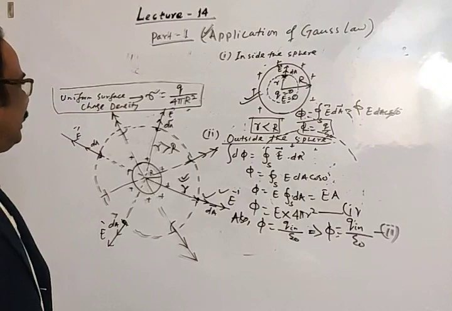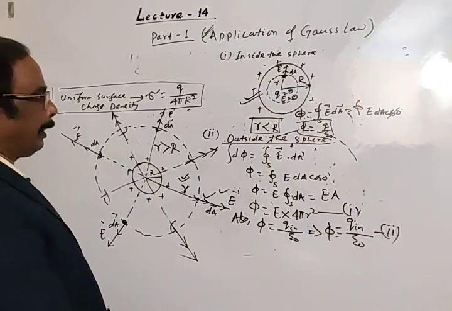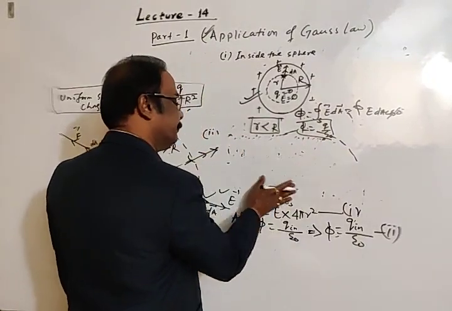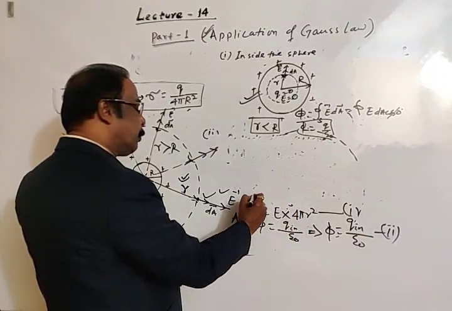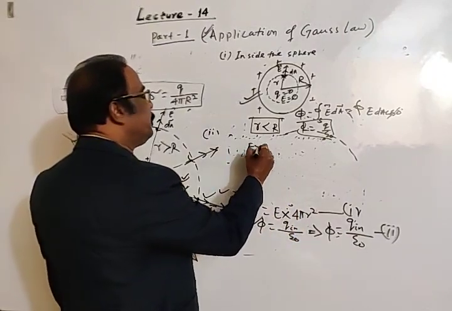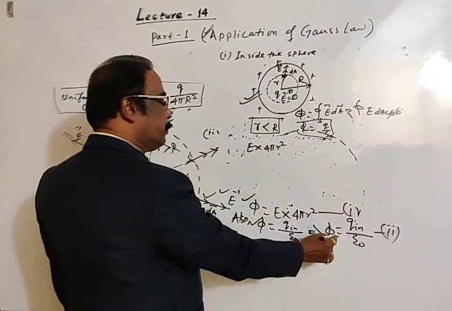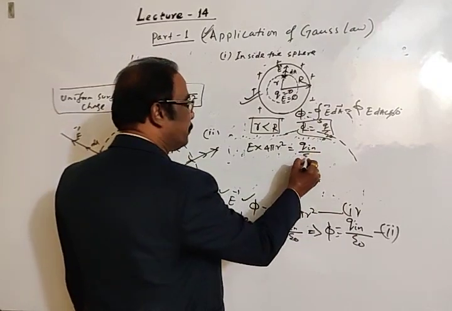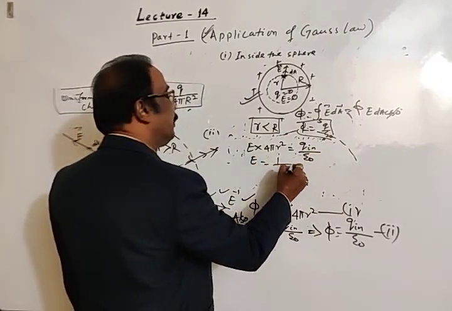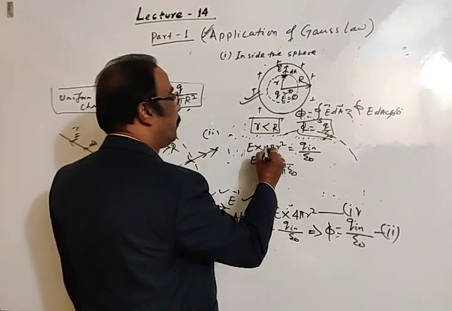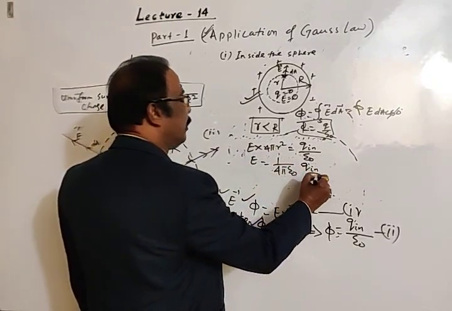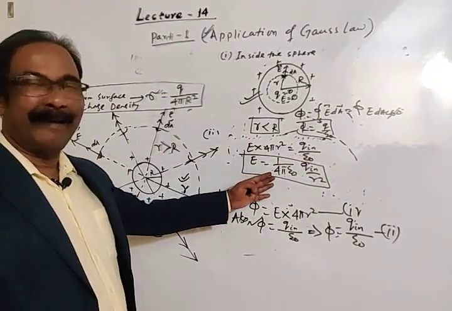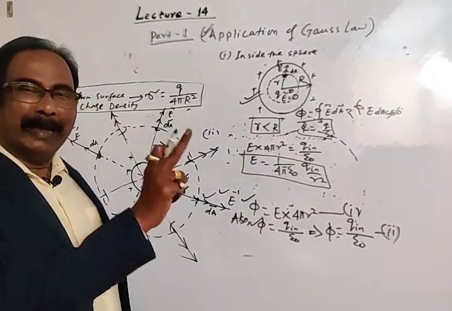Now equating equations 1 and 2: E into 4 pi r square is equal to Q inside the Gaussian surface divided by epsilon naught. Then the electric field is 1 by 4 pi epsilon naught into Q inside divided by r square. See, this is the same result as the electric field due to a point charge at a distance r.